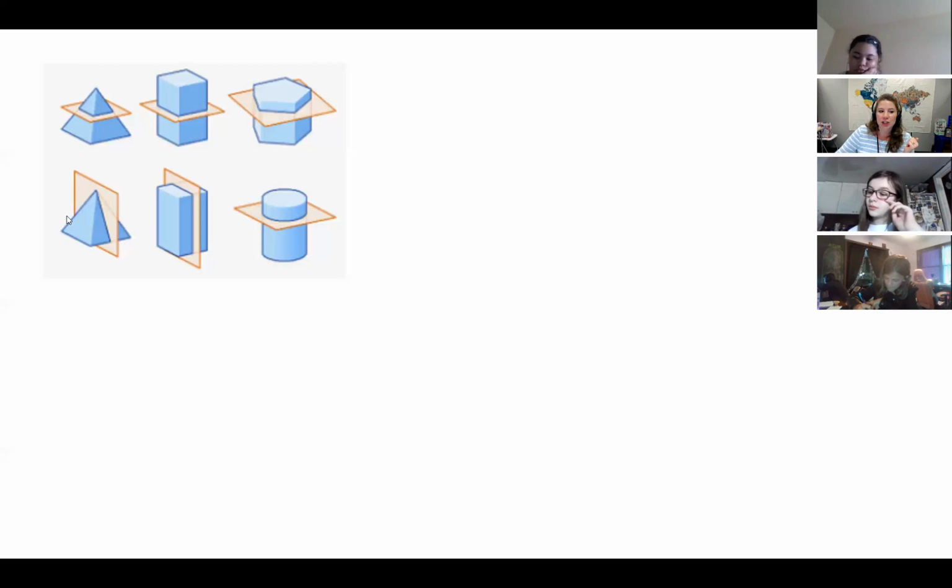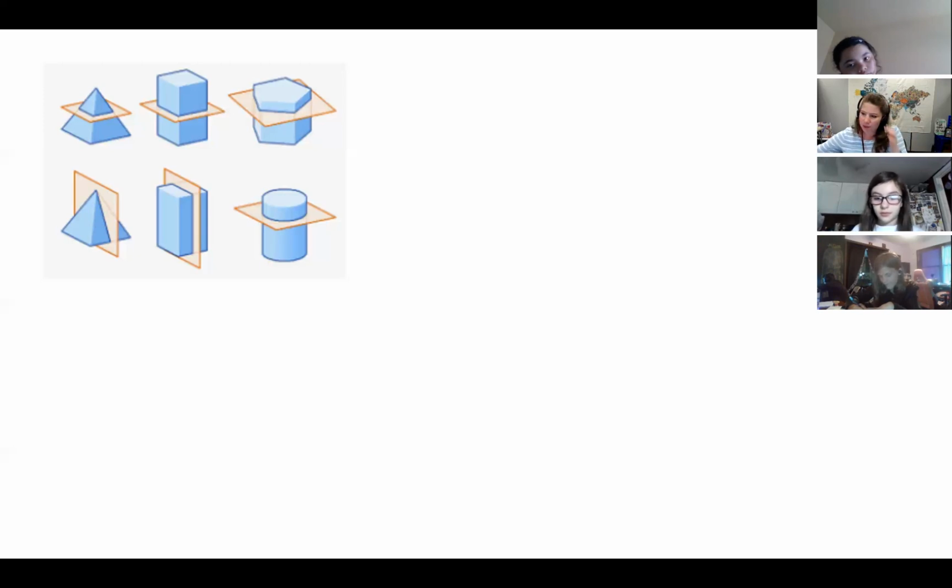Now, this is challenging. Look at my pyramid. What if I came down the side and I cut it straight down right here? Can you imagine what shape you're going to see?